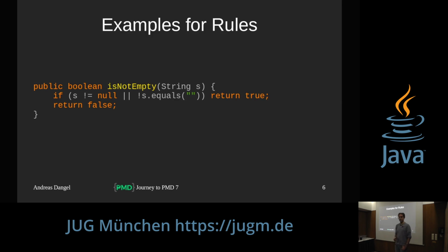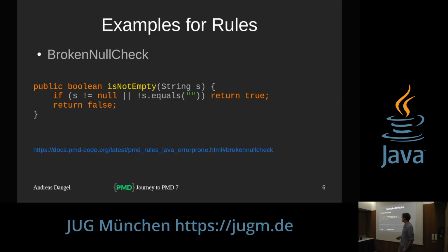If it is really null, you get here a null pointer exception, in this simple case where the Boolean operators are just wrong, or the wrong operators are used. We can detect this, there's a rule for this, that's broken null check, and this is in the error-prone category.